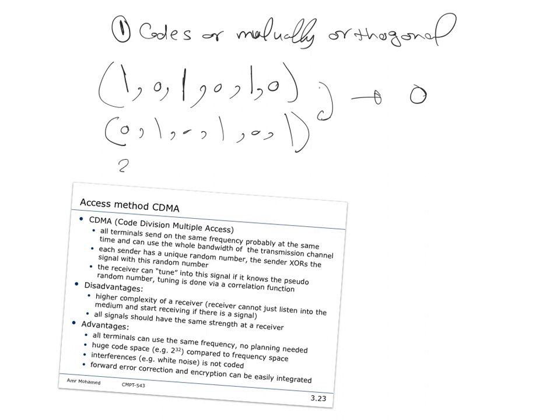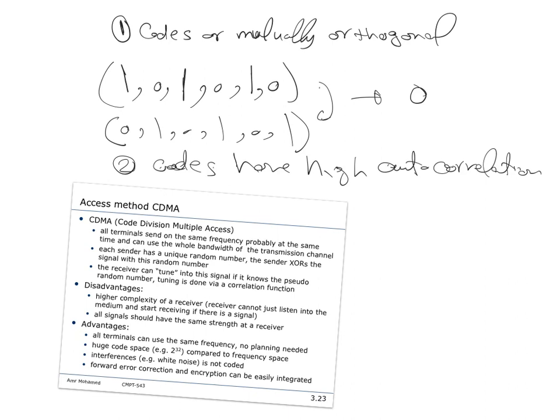The second condition: individual codes have high autocorrelation with themselves. This means that each code on its own has very high correlation with itself.